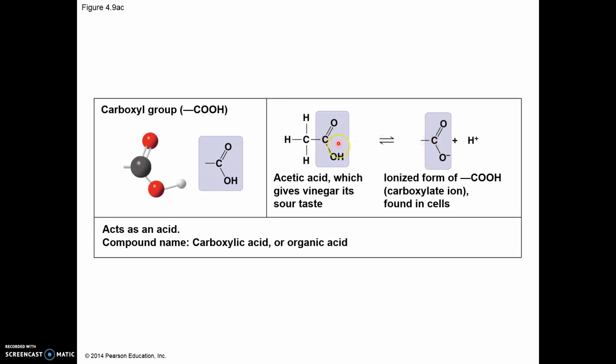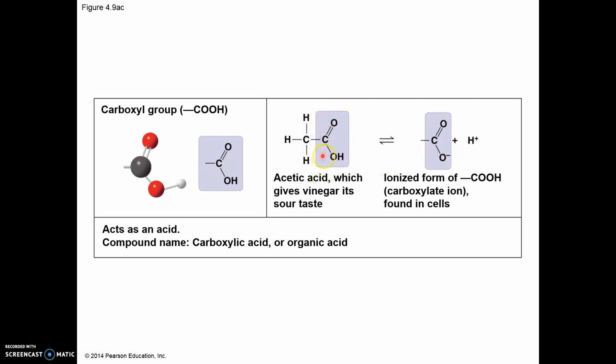So in physiological conditions, we would not see it present like this. It's usually going to be present like this. So you have a carbon double bond to another carbon, and this oxygen is carrying a negative charge, and the proton is lost. Okay? So the fact that you are producing a proton means that it is an acid.